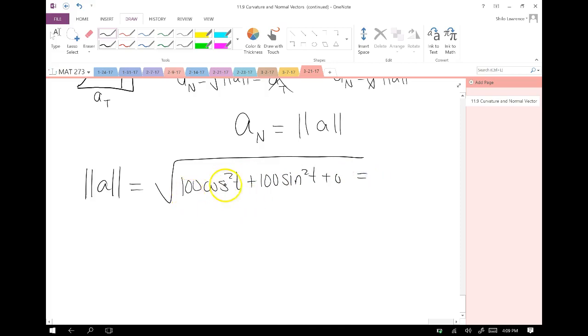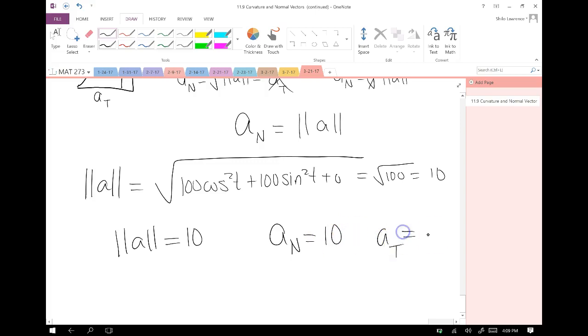And if you factor your 100 out, sine squared plus cosine squared is equal to 1. This is just the square root of 100, which is 10. So the magnitude of our acceleration is 10. All of that magnitude is in our normal component. None of that we found was in our tangential component.